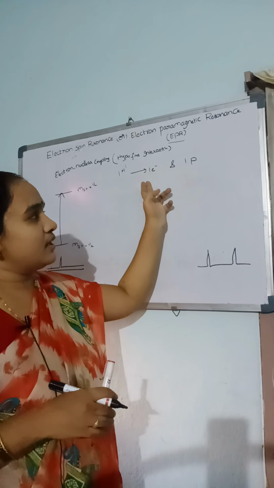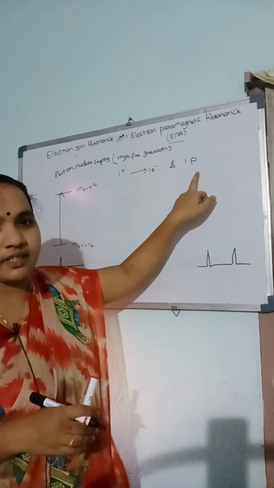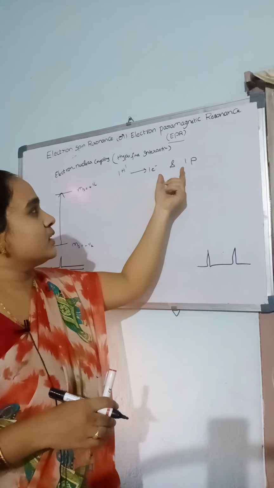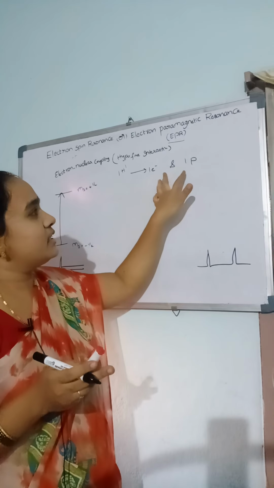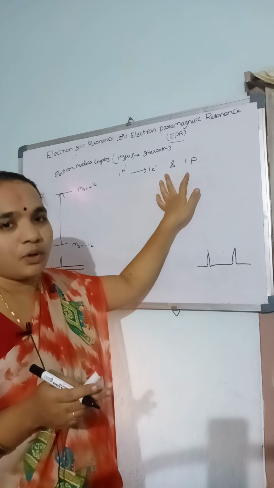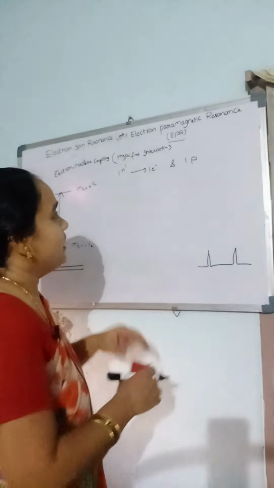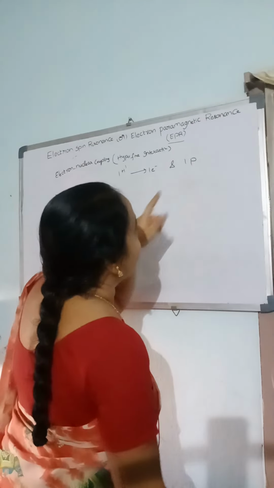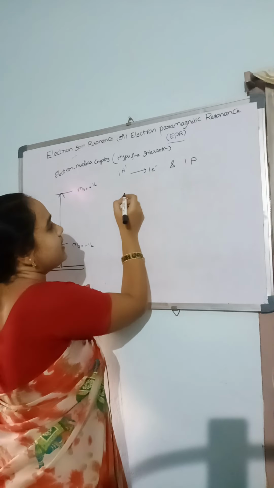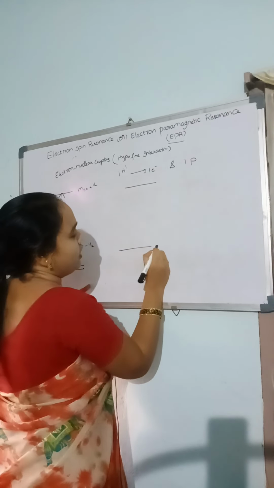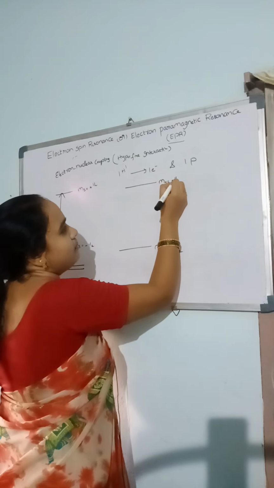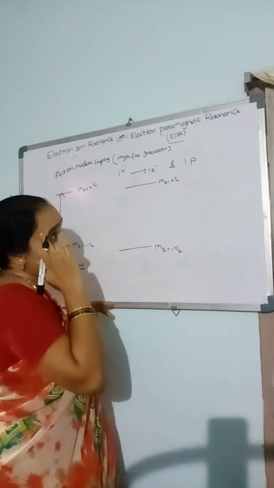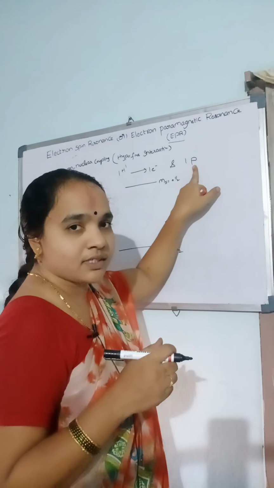Since the electron and proton are very near, there is some interaction between the electron and proton. For this electron, when it is placed in an external magnetic field, what are the possible Ms values? Ms equal to minus half, Ms equal to plus half. But this electron is interacting with this single proton, so the proton will also possess a spin value.